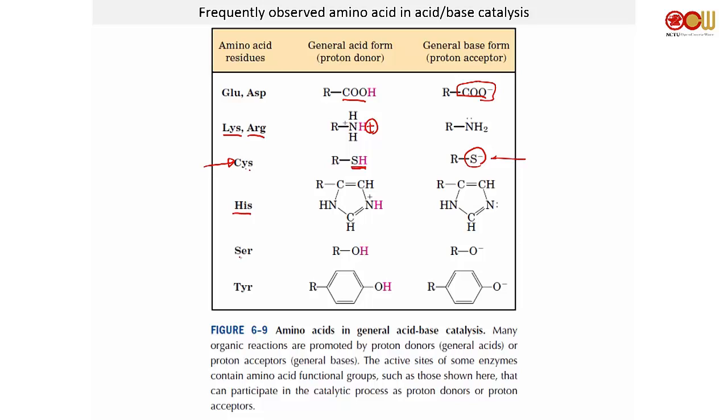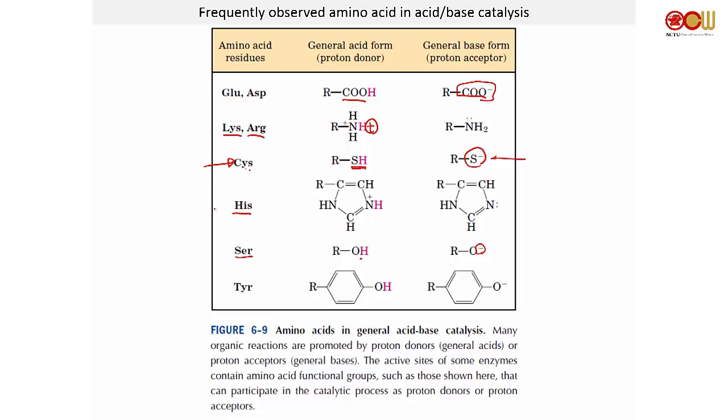Similar to cysteine, you also have serine. Serine is an alcohol, and the alcohol can be deprotonated, but compared to cysteine, serine is usually harder to deprotonate, but nonetheless, it can be. So serine is also used as the active residue, the active site, for many different reactions.